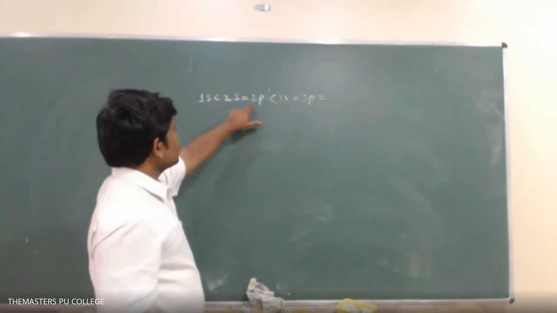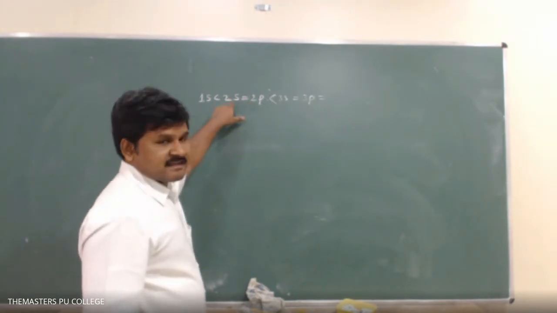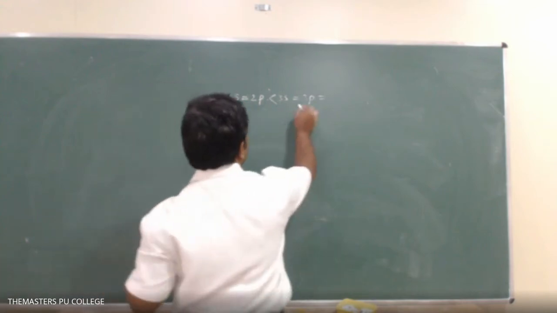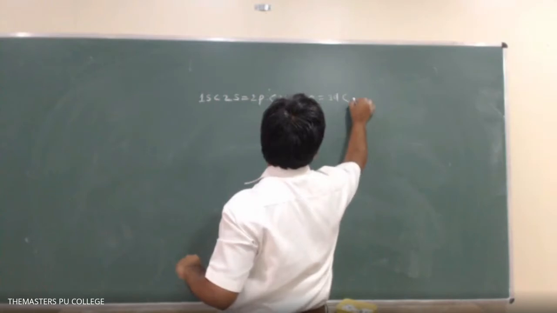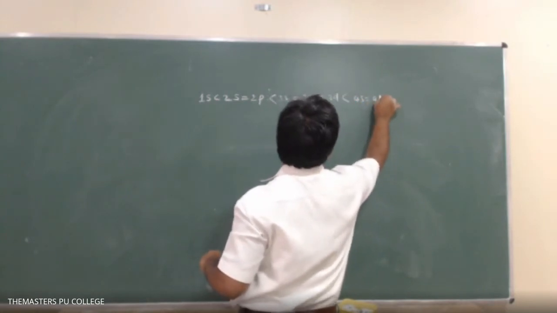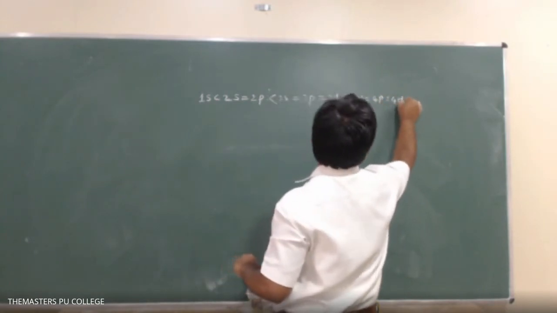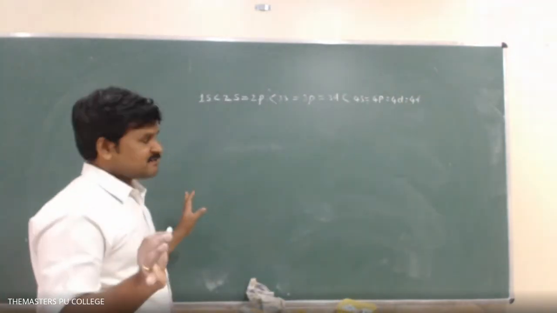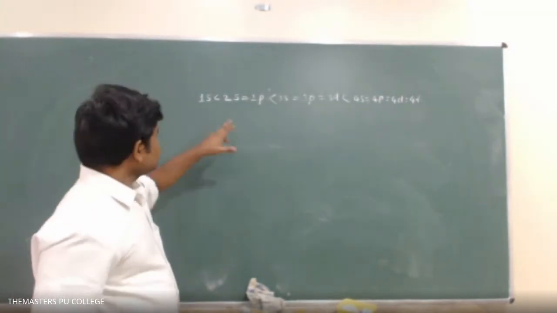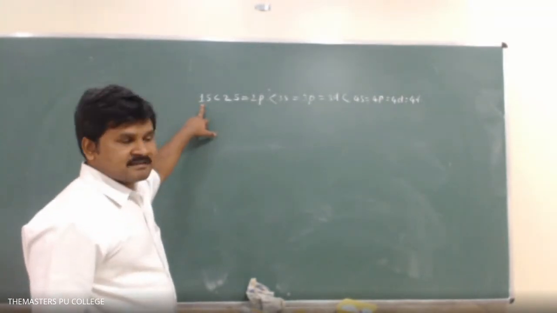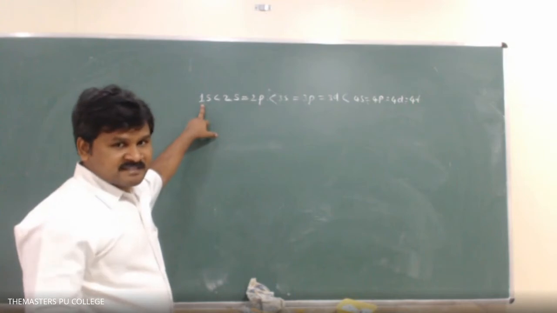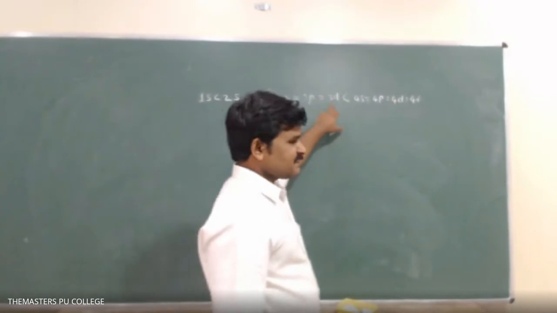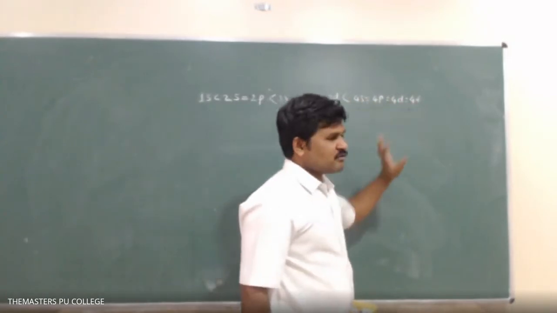Sorry, 2s is equal to 2p, they have the same energy. Why? These two are present in the second shell only. Next, 3s, 3p, 3d have the same energy. Next, 4s, 4p, 4d, 4f. All remaining orbitals we need not consider. Here I wrote it shell-wise. The number indicates the n value, that means the shell number. This indicates the second shell, this the third shell, this the fourth shell.